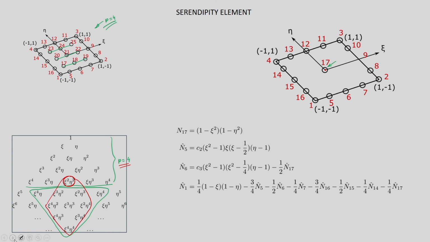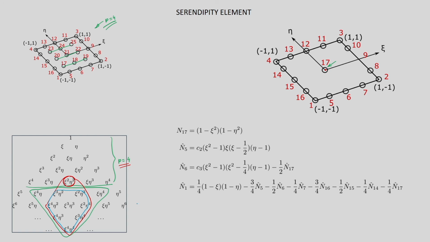So finally we had avoided this many monomials. So 1, 2, 3, 4, 5, 6, 7, 8. So 8 internal nodes were avoided. Correspondingly 8 monomials can be avoided for the serendipity element for p equal to 4.